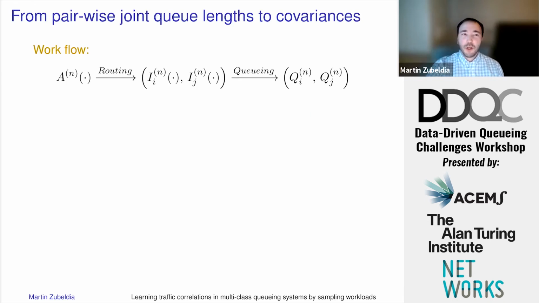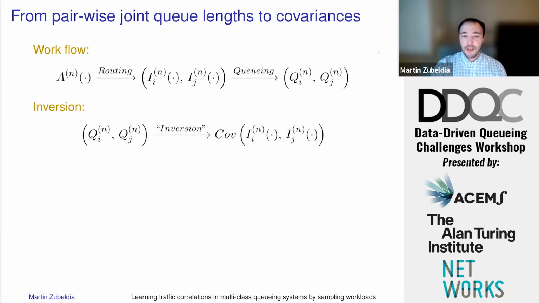Now we go from pairwise joint Q lengths to the covariances directly. So here is the workflow: from the arrival process through routing, we can look at the two-dimensional input process, and through Q we get the joint Q length for the ith and the jth Q. Our inversion takes this two-dimensional random variable and, through some procedure, gets directly the covariance of the input processes.